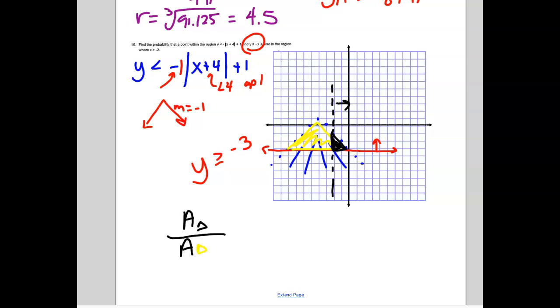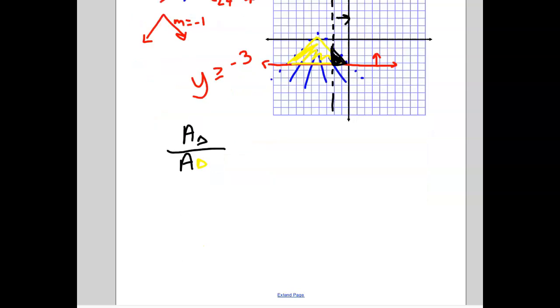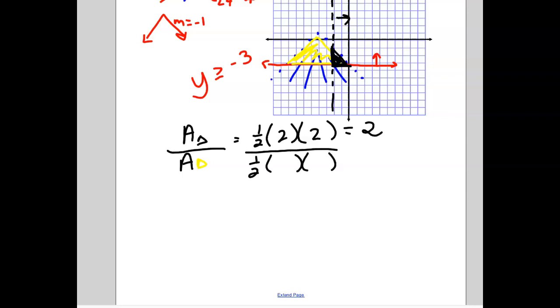So let's look at our formula for area, 1/2 base times height. For the black one, my base is 2 and my height is 2. So half of 4 would be 2. And then for the yellow triangle, 1/2 base times height.